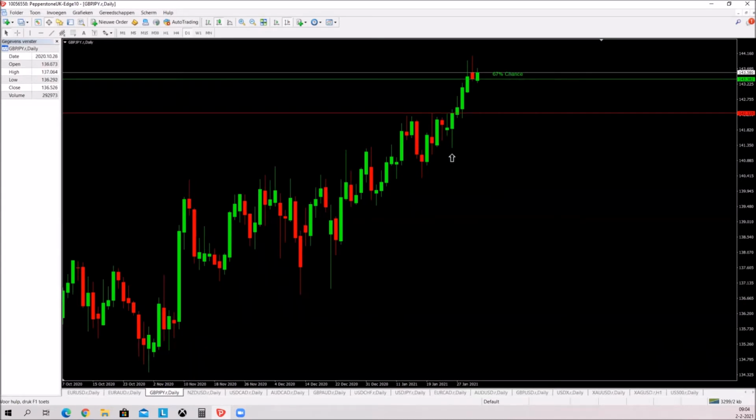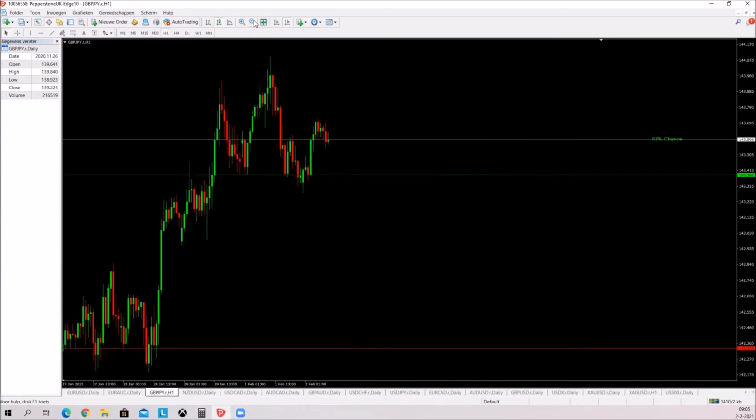I'm not going to give you the exact rules of the pattern, because then I would be giving away my edge for free, but the pattern is happening over here, and I basically quantified this pattern to get statistics about its performance, and that's how I know there's a 67% chance of hitting the upper green line before hitting my stop loss, which I will be putting in on the hourly time frame.